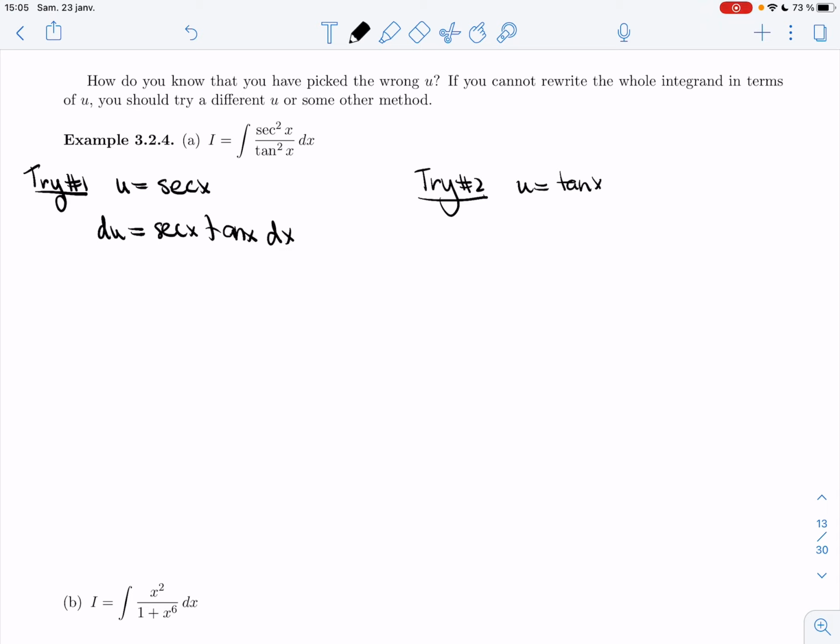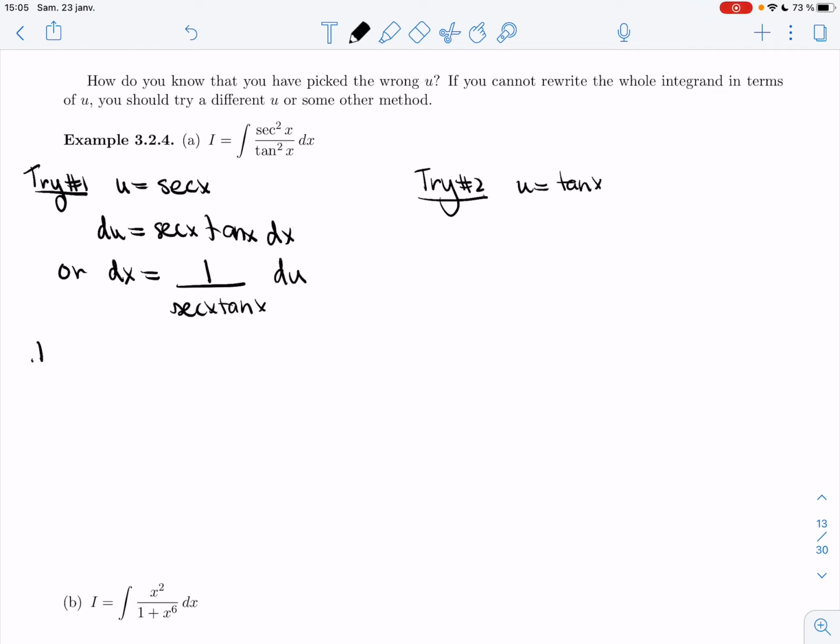Now already I'm a bit worried. I have secant and tan, but I don't have secant x tan x multiplying dx. Might still work out because I do have something similar. So really here, I get that dx is 1 over secant x tan x du.